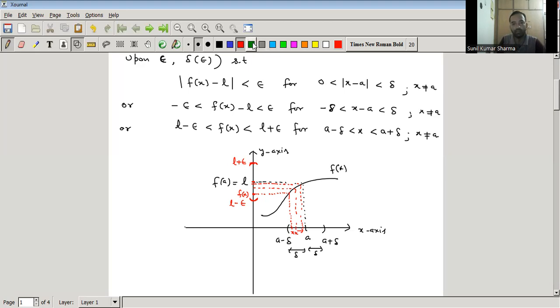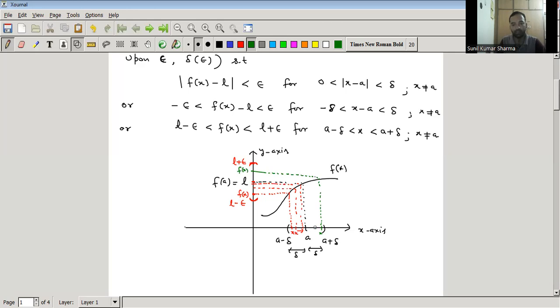Similarly, if I take x to be here, to the right hand side, then my f(x) lies here.